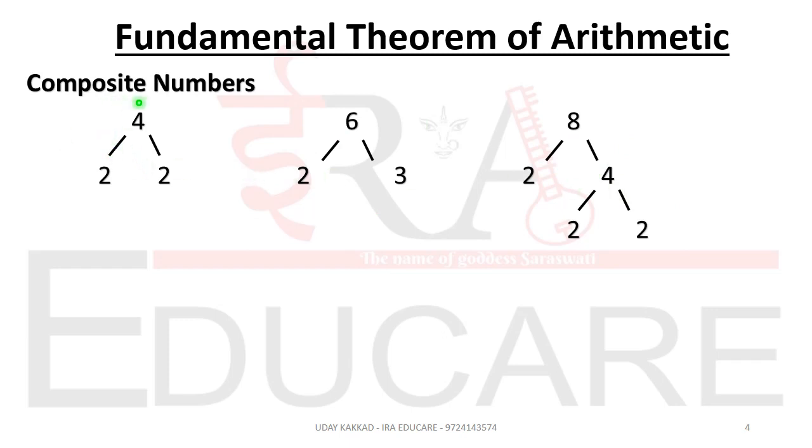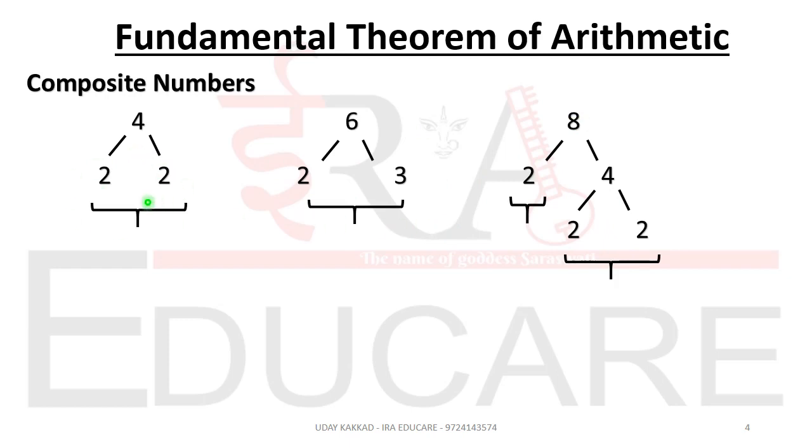And these are all called factor trees. 4 is divided into 2 and 2, 2 twos are 4. So these are the factor tree of 4, the factor tree of 6 and the factor tree of 8. Now by observing the leaves of the trees, you can conclude something.